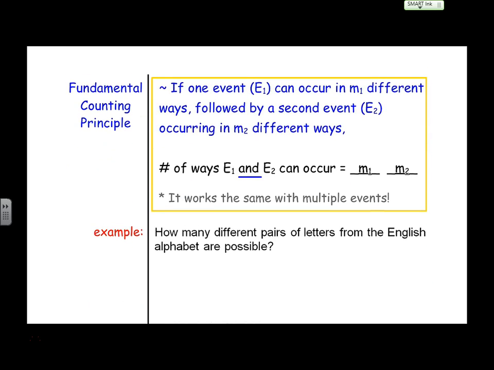So, our first trick. What if things are getting a little too intense, a little too out of reach for us to count up all the different options and then count them? Well, one key word that we need to always keep an eye out for, especially in probability, is the word and.